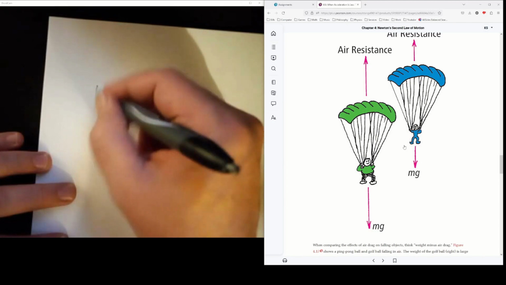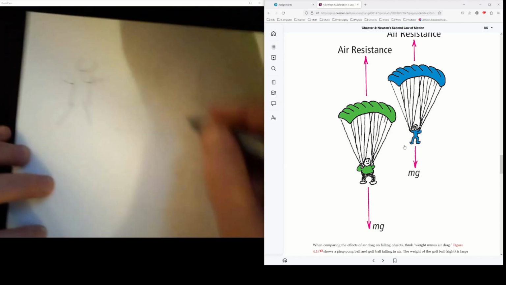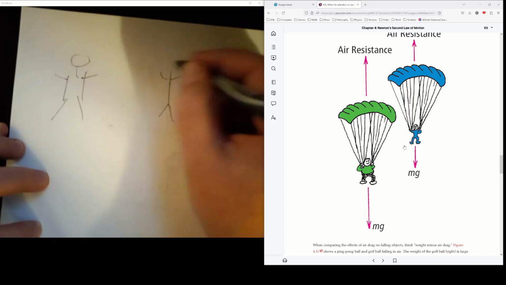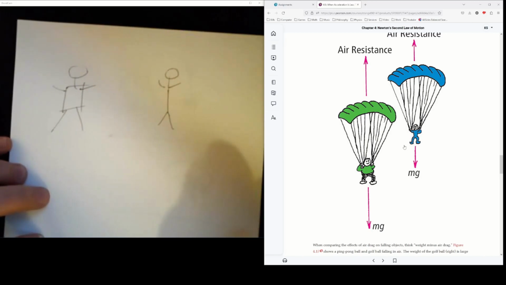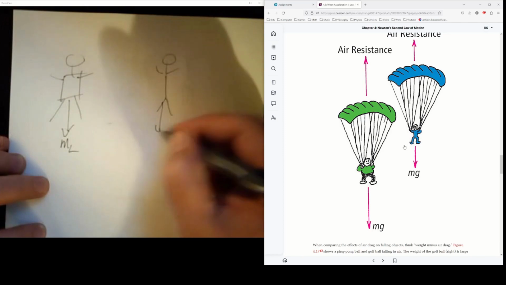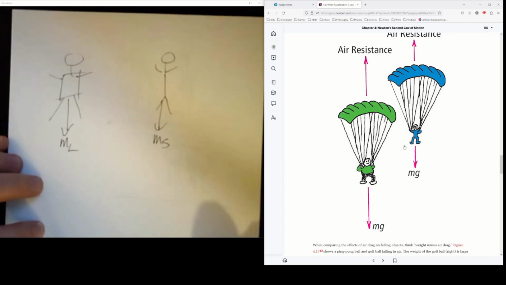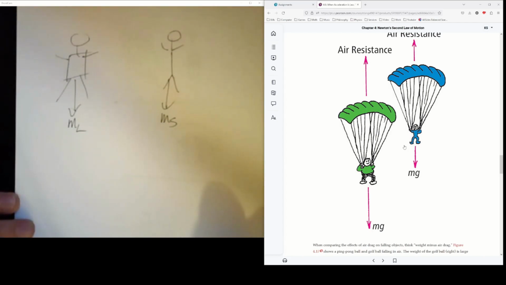So I guess I'll draw the bigger person like that, and then my good old stick figure. These technically have different masses. I'll just call that mass large, mass small. They technically have different masses, but they roughly have the same air resistance.